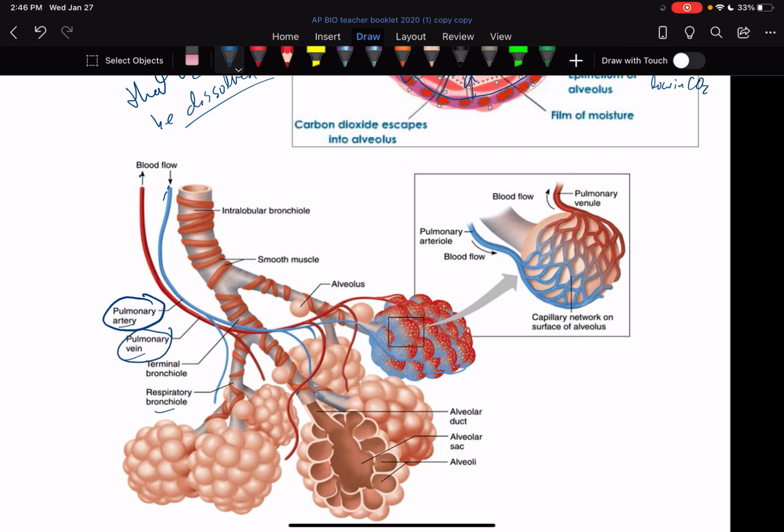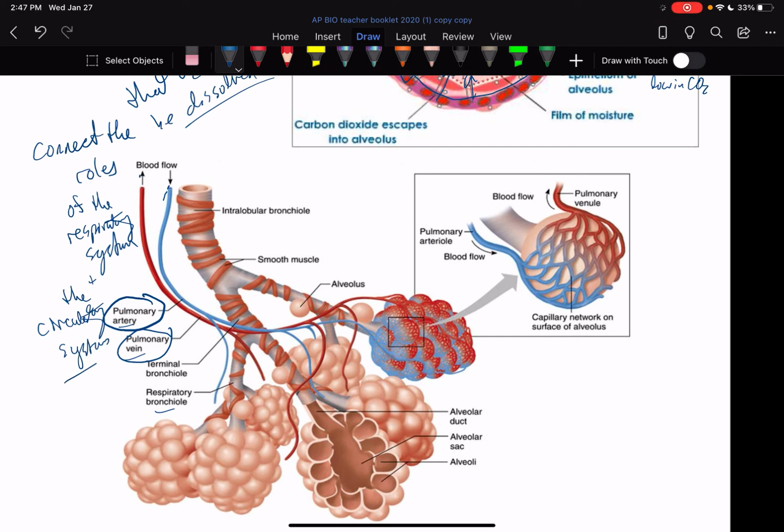That makes sense because we want to be able to connect the roles of the respiratory system and the circulatory system. So this is the point at which these two systems connect.